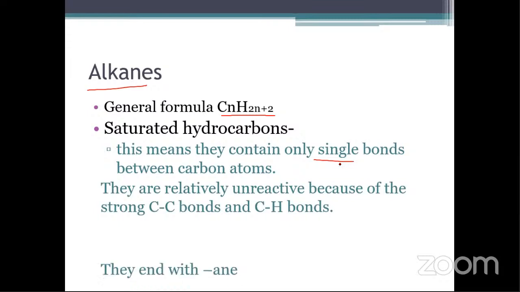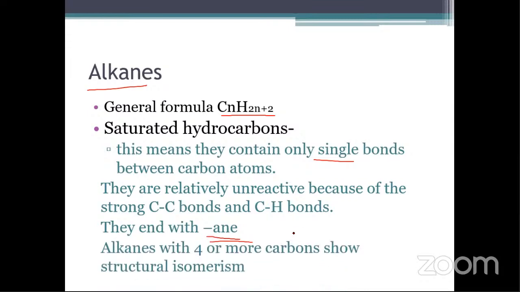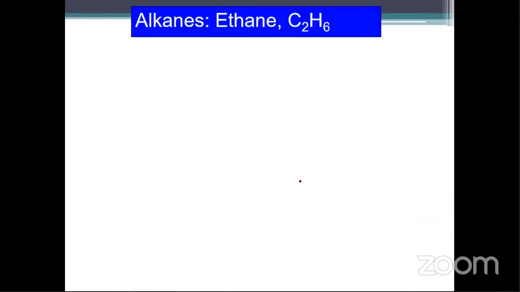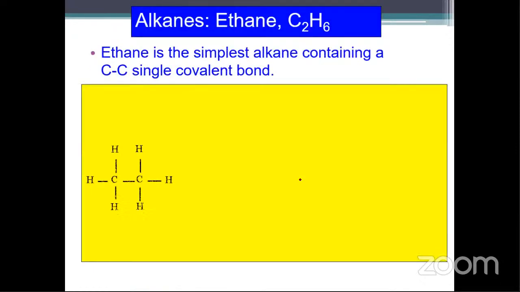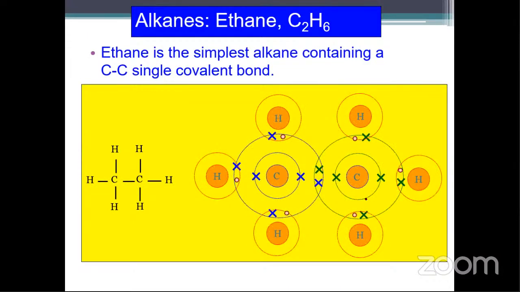And so they are usually unreactive, and they all end in ane, right? So alkanes that have 4 or more carbons show structural isomerism, meaning that they have the same molecular formula, different structural formula. So let's look at ethane. Ethane is one of the simplest alkanes, and it has covalent bonds, meaning they are sharing electrons.